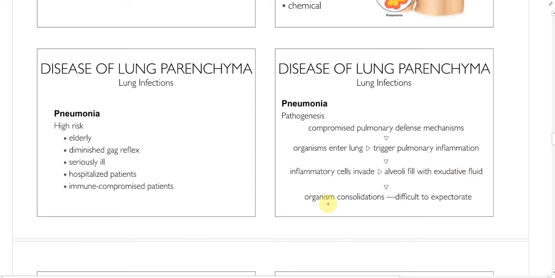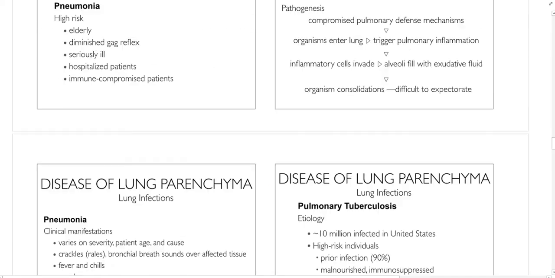The organism that had invaded the lungs consolidates, making it very difficult for the immune system to attack, to kill the invader, and properly expectorate, especially if we're talking about someone who's older, who can't expectorate very easily because of weakened respiratory muscles.